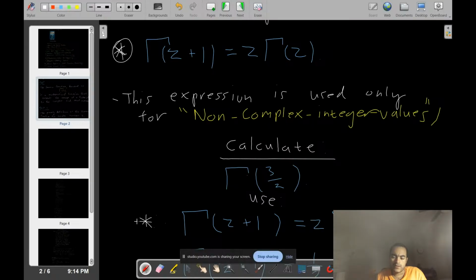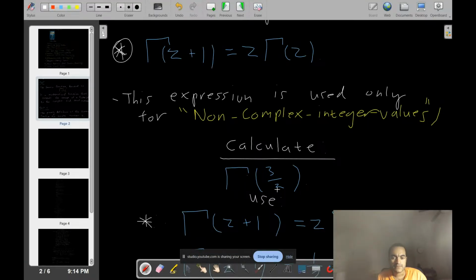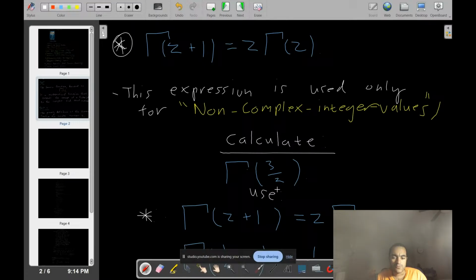Now here, don't get confused. Don't think that z is 3/2. We're looking for gamma of 3/2, but since we're using the gamma of z plus 1 formula, is z 3/2? I already gave you the answer, but why is it not 3/2? Remember, looking for gamma of 3/2, we have to use the formula gamma of z plus 1 equals z gamma of z.